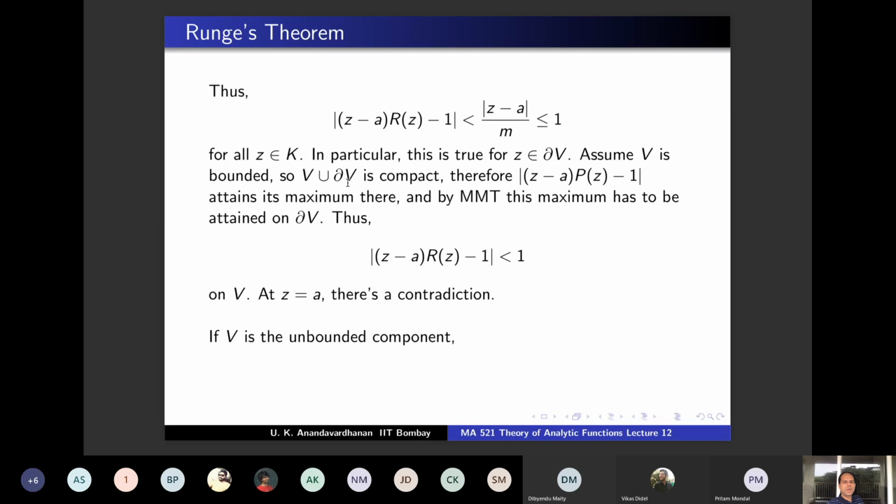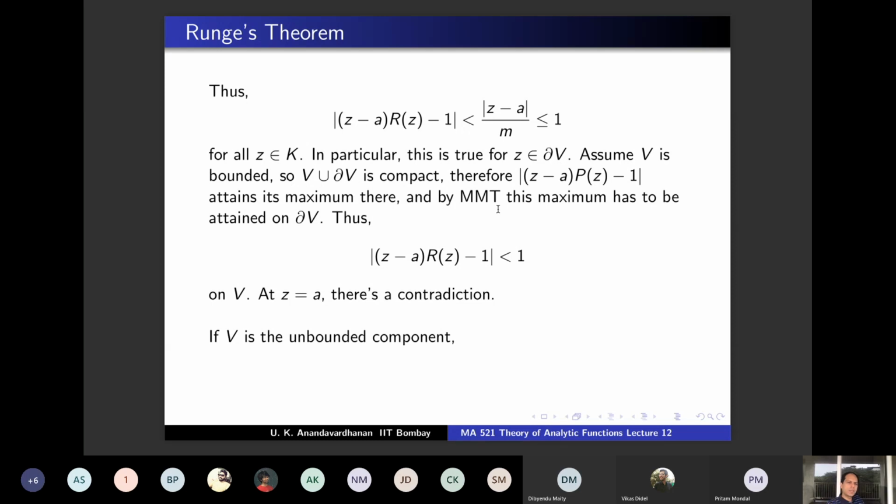We may have a boundary which is contained in K, that part is okay, but I cannot say that together with the boundary the whole thing is compact. So even if I take a point and take a compact set contained in the unbounded component, this argument will not go through exactly as it is because it may have another boundary which is not touching K.